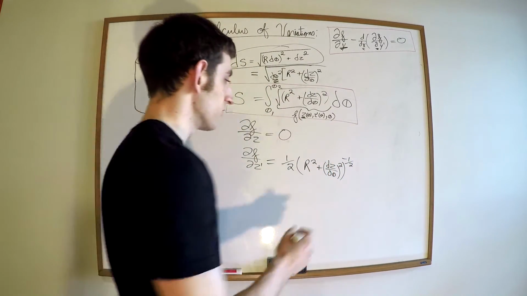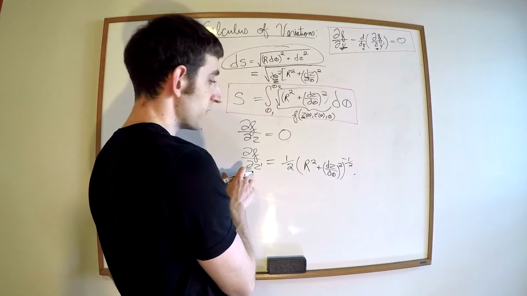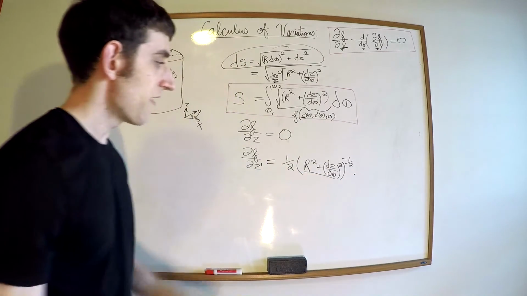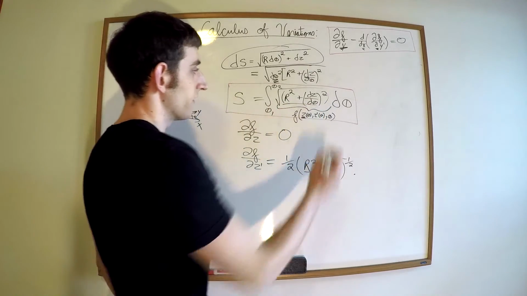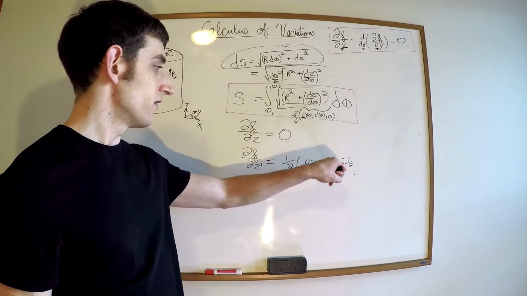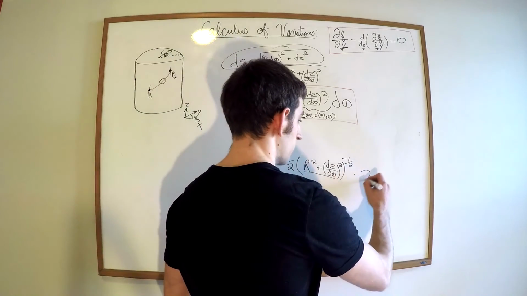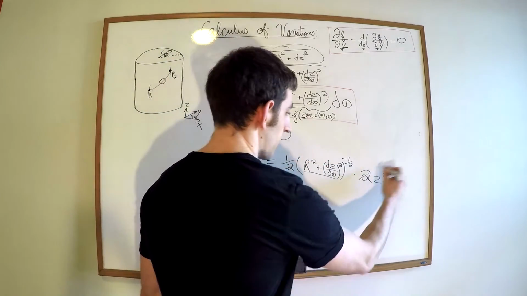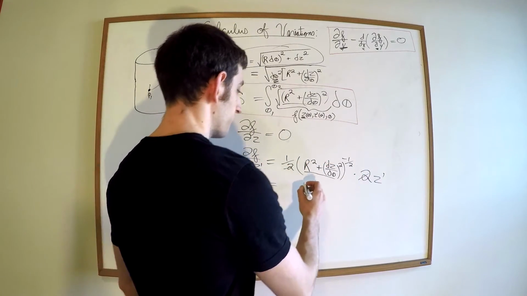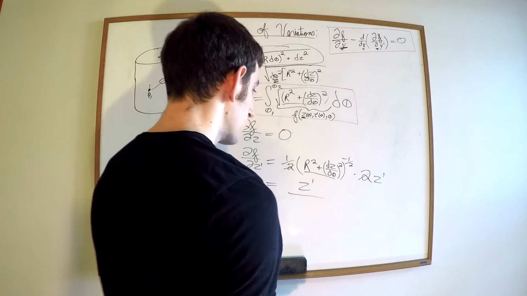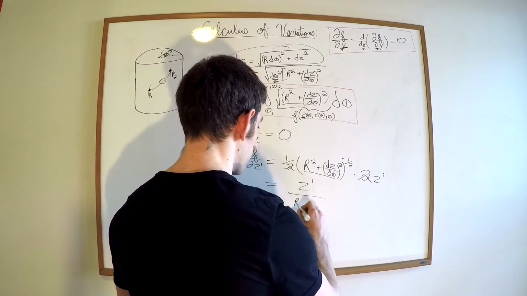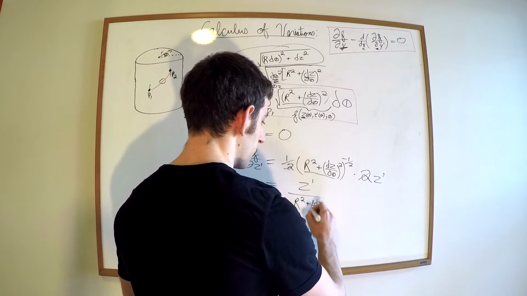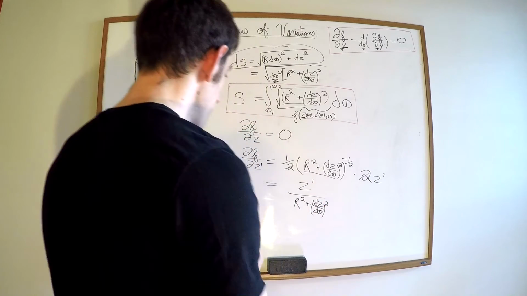Then we have to use the chain rule, because this is with respect to z prime, dz/d theta. So we differentiate everything inside. We have z prime squared, so that becomes 2 z prime. The 2's cancel, and we end up with z prime over the square root of r squared plus (dz/d theta) squared.